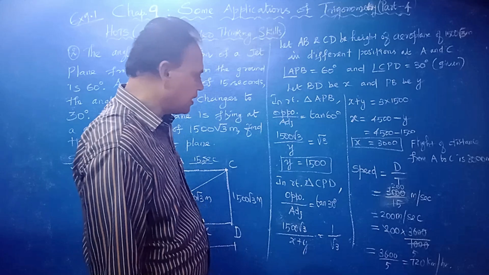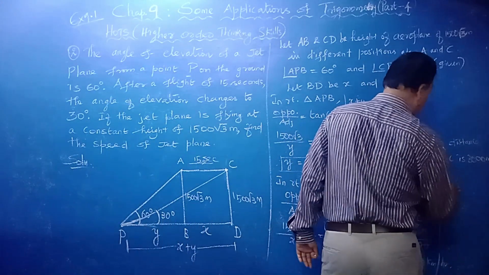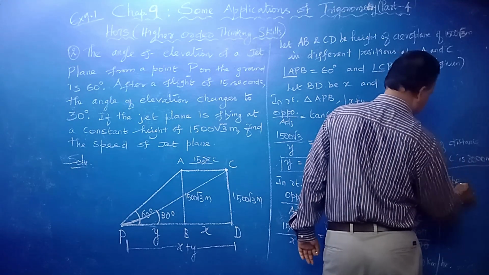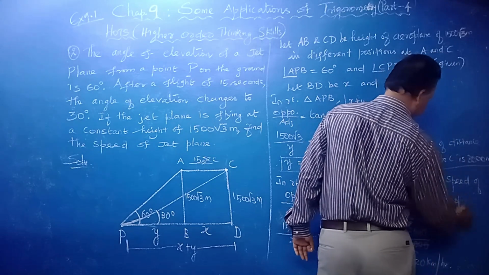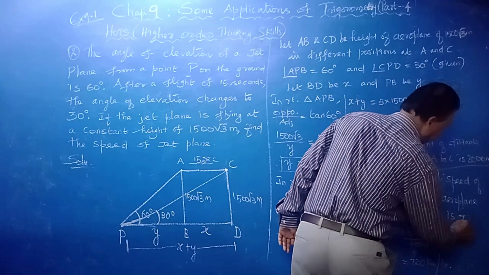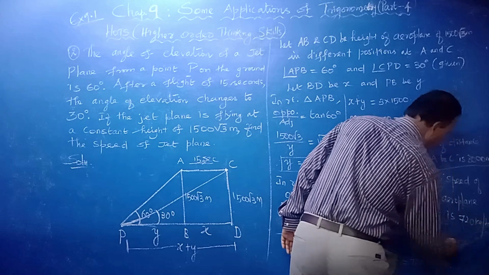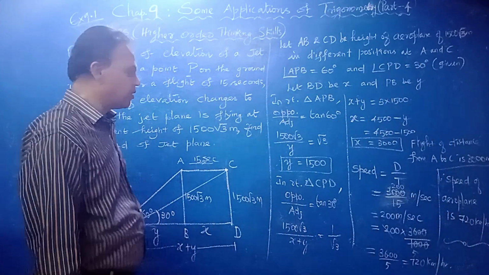Therefore, the speed of the aeroplane is 720 kilometer per hour.